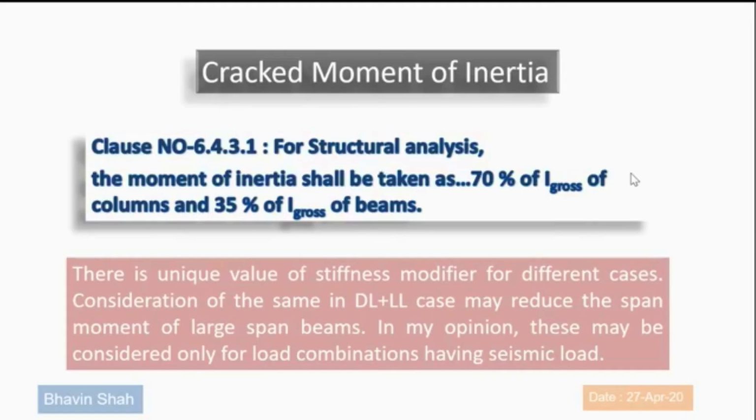If we consider the same modifier value for the dead load and live load case also, then my results for a large span beam may be erring on the unconservative side. That means the span moment I get would be on the unconservative side. So whenever we use these stiffness modifiers, we should be careful, because those are unique values given in the code.